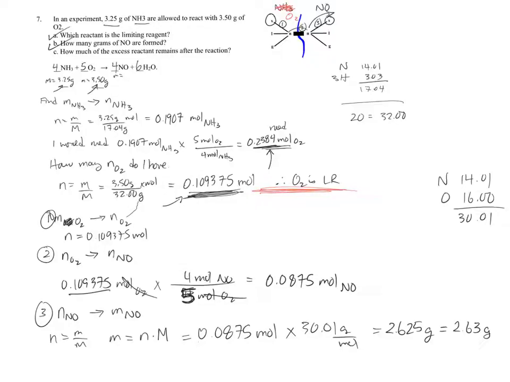Okay, but let's see what we have up here. So I have this many moles of oxygen, and I have this many moles of ammonia. So what I need to figure out is how much of the excess stuff, the ammonia, do I have left. I can use dimensional analysis to help me figure that out.